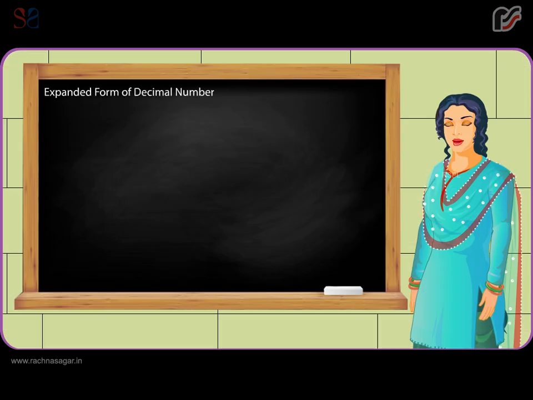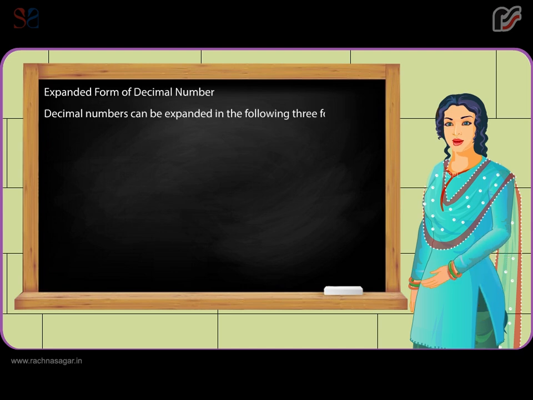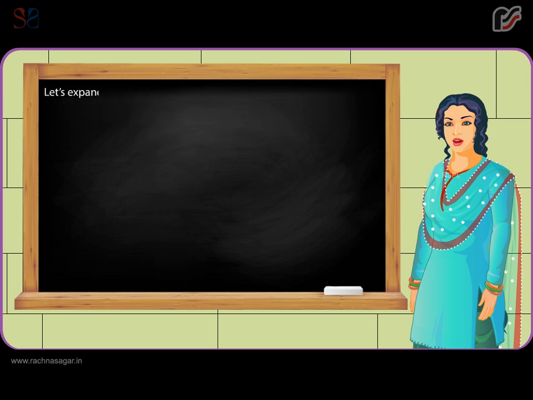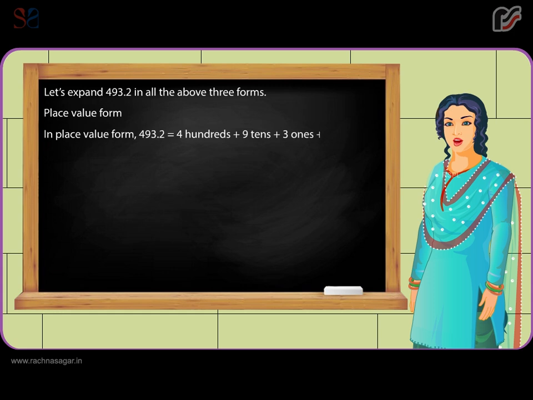Expanded form of a decimal number. Decimal numbers can be expanded in the following 3 forms: place value form, decimal form, and fractional form. Let's expand 493.2 in all the above 3 forms. Place value form: 493.2 is equal to 4 hundreds plus 9 tens plus 3 ones plus 2 tenths.